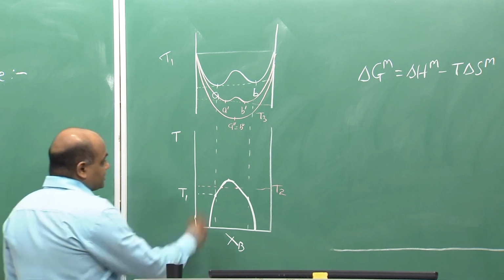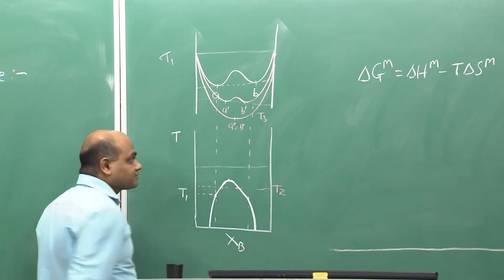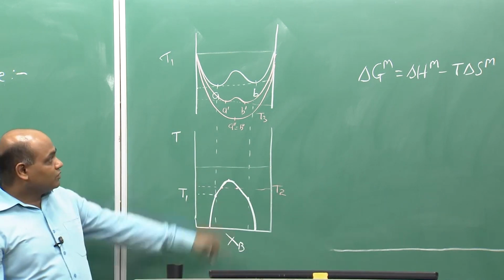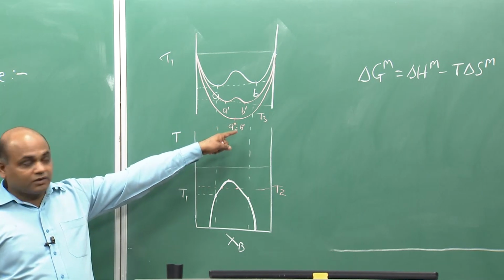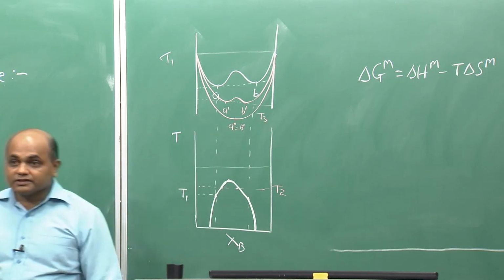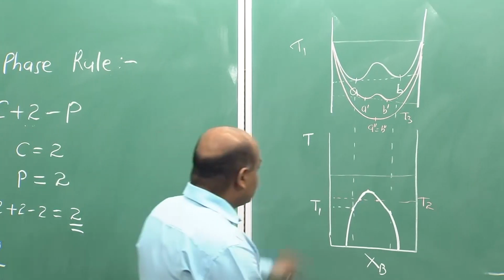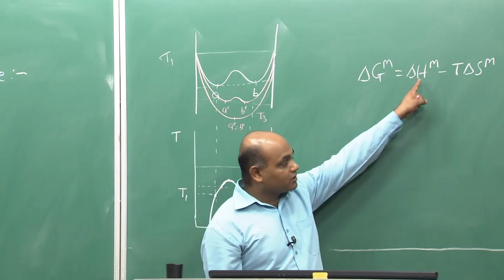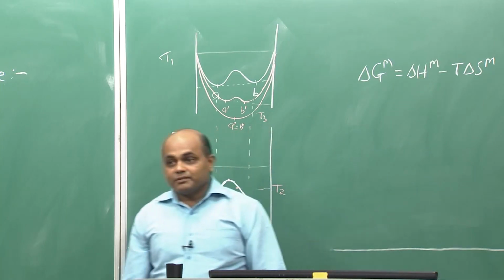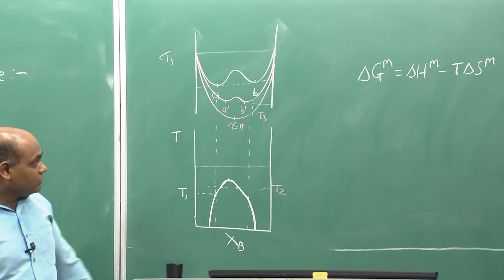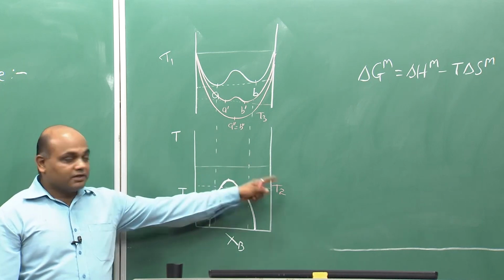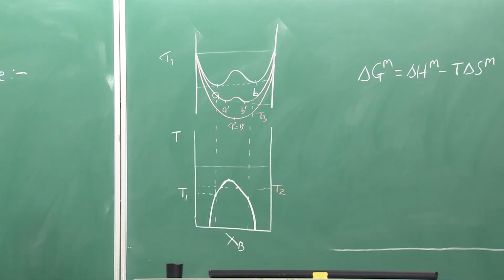At temperatures above this, there is no negative curvature because the contribution from the T delta S term is very high, right. So, the negative curvature which was mainly because of the highly positive value of delta Hm has vanished, and so again the complete miscibility will exist at higher temperature.